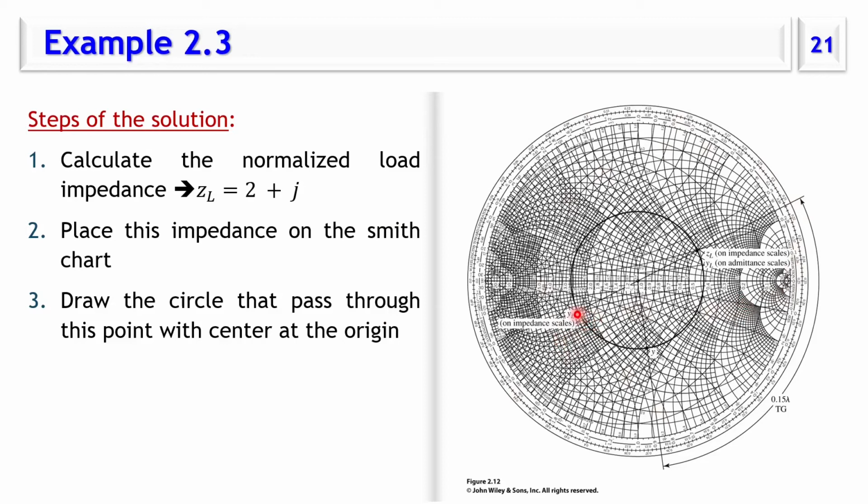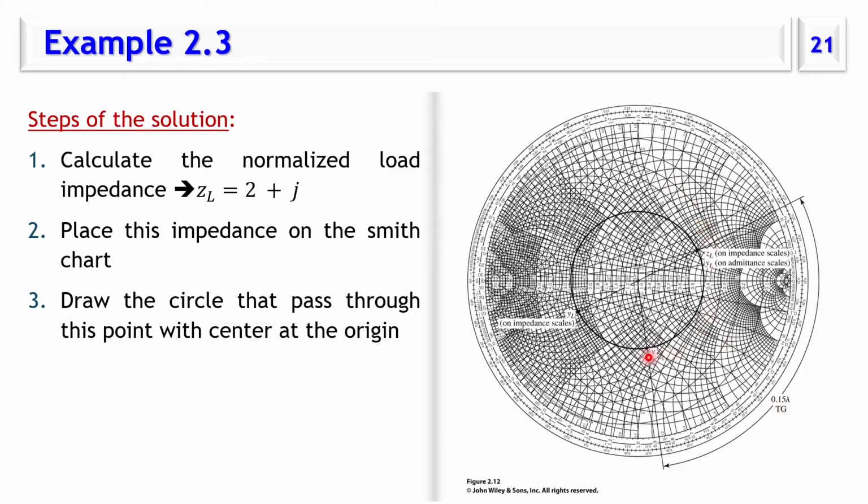We find YL. If we want to find Z input, all we need to do is move towards the generator. From ZL, we move towards the generator by the length. The length is 0.15 lambda.